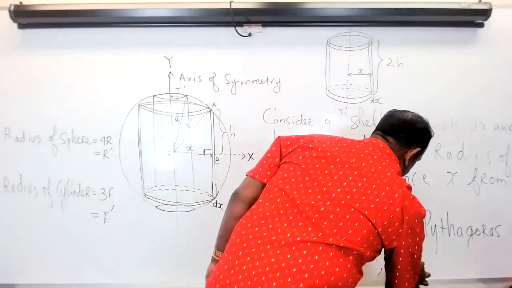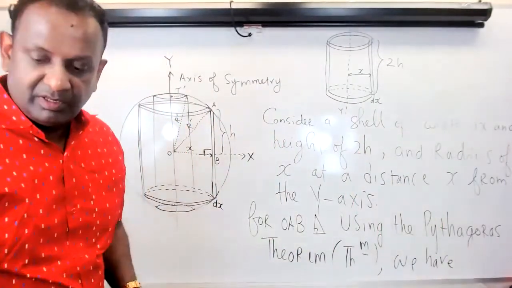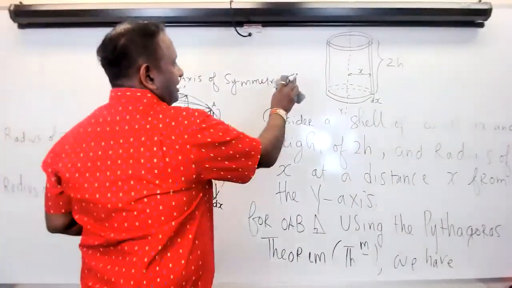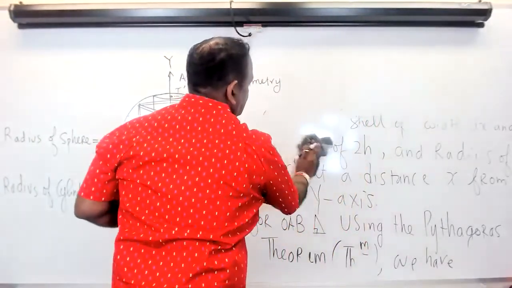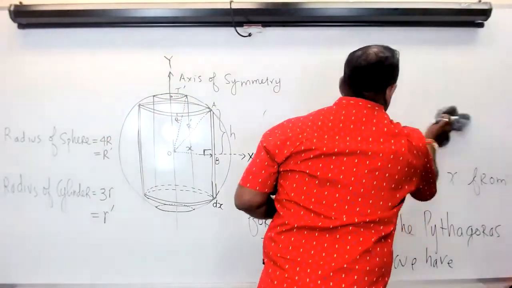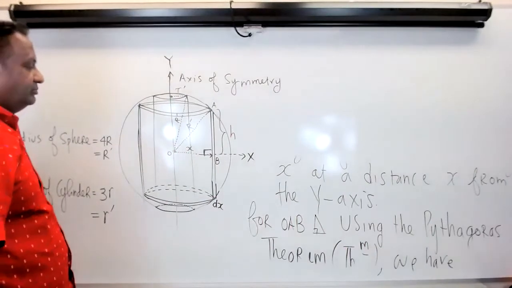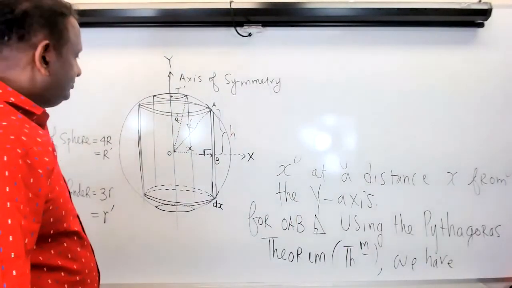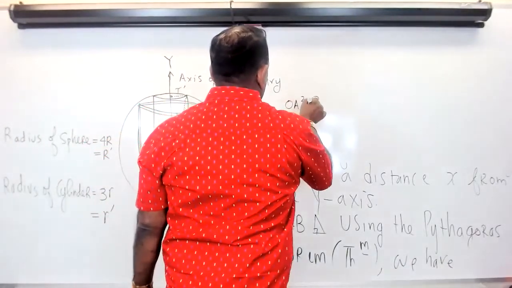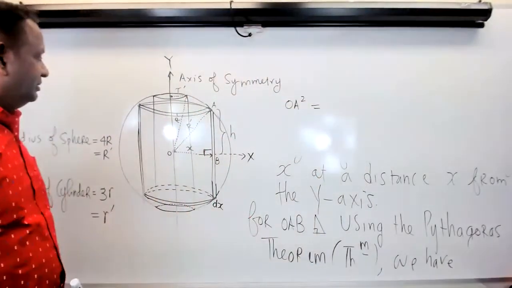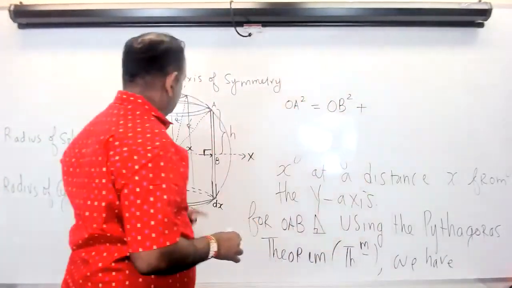We have OA squared equal to OB squared plus AB squared.